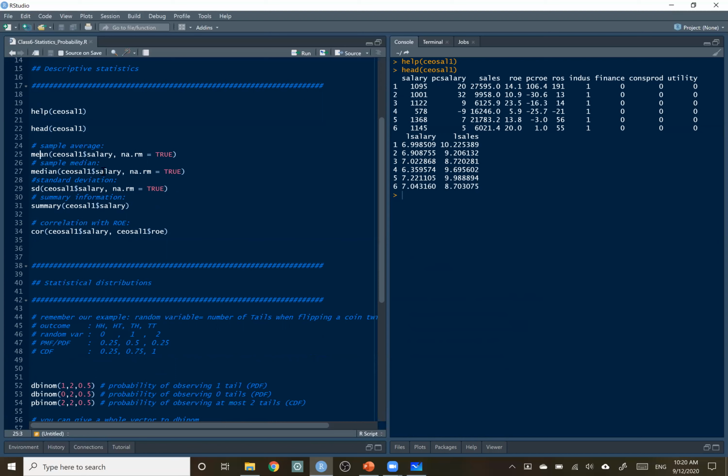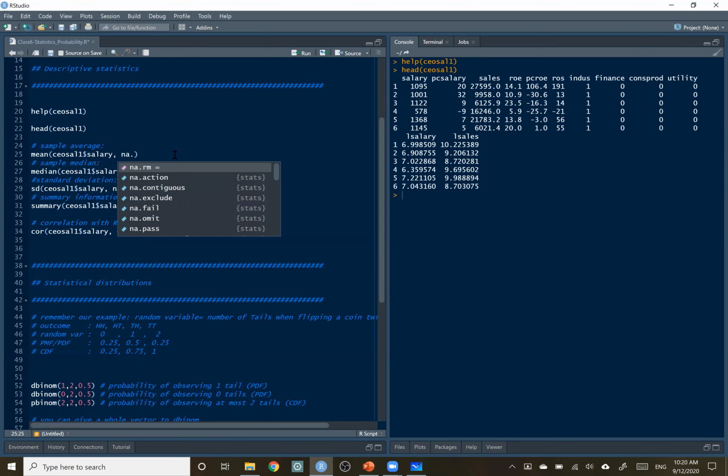Okay, so the first one, average. Simply we say mean, open close parentheses, and then you pass the variable, which is a vector of salary. And then this is a new thing. When I do comma na.rm equals TRUE, basically I'm telling R to get rid of the NAs for me. NA remove. So we write it na.rm and then equals TRUE. If you start typing NA, it will automatically suggest it.